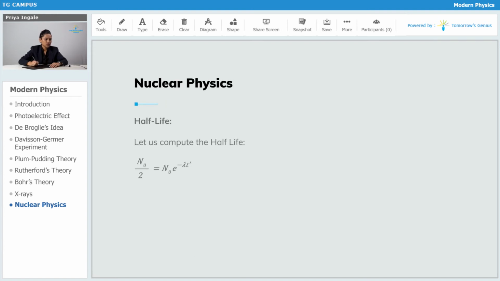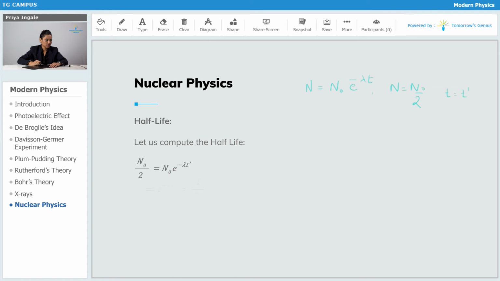We already have the expression N is equal to N naught e to the power minus lambda t, right? We put N is equal to N naught by 2 because we need to calculate the time at which the number of nuclei present at that instant becomes half of the original nuclei. So N naught by 2, and time becomes t dash. This t dash is nothing but the half-life time or half-life period.